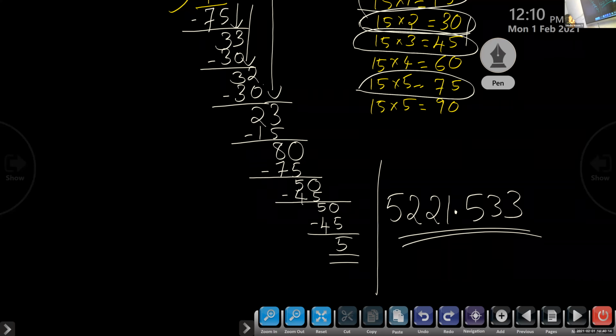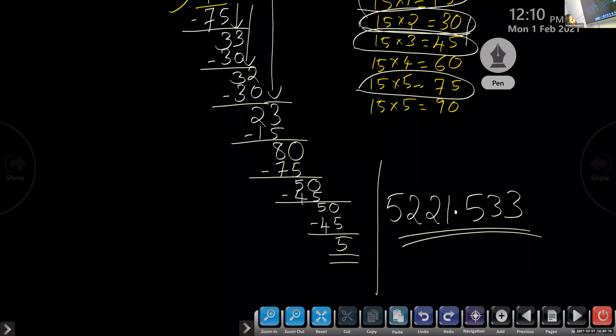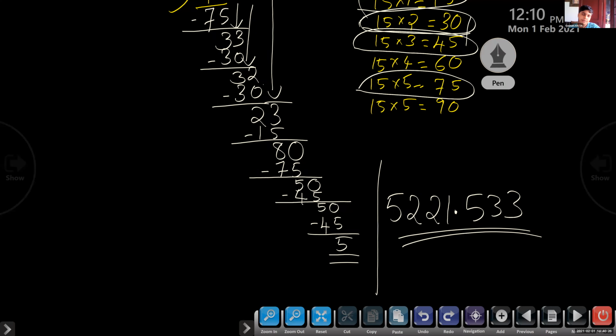Normally when we have a remainder, we add 0 and place the decimal point in the quotient. So we will finish at 3 digits. The answer is 5221.533.